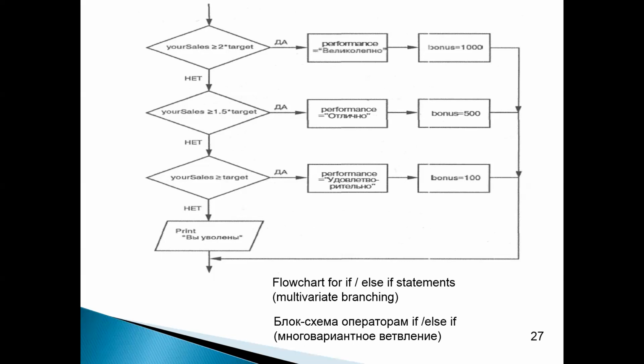Next condition, if yes, performance is excellent and bonus equals 500. If no, rest of this code. Next condition, if yes, performance satisfactory and bonus equals 100. If no, rest of this code. And we can see print, you are fired.